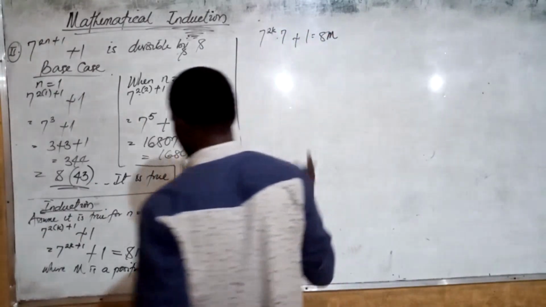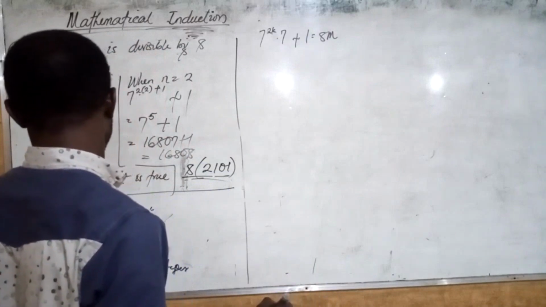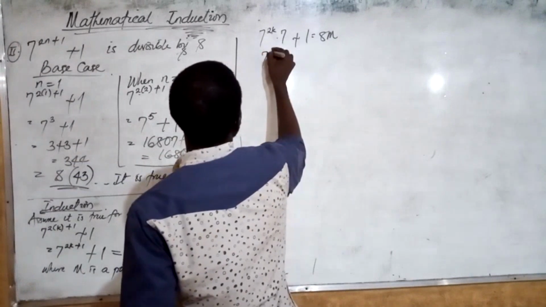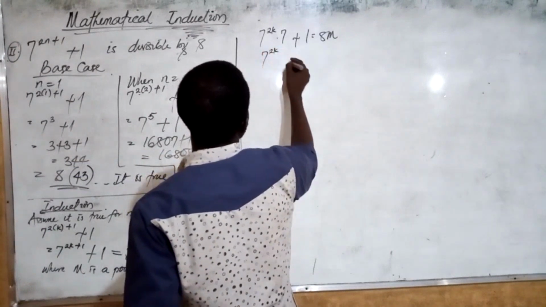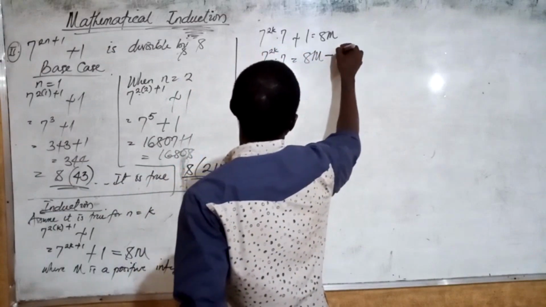So that 8n becomes 7 raised to the power 2k dot 7 equals 8n minus 1.